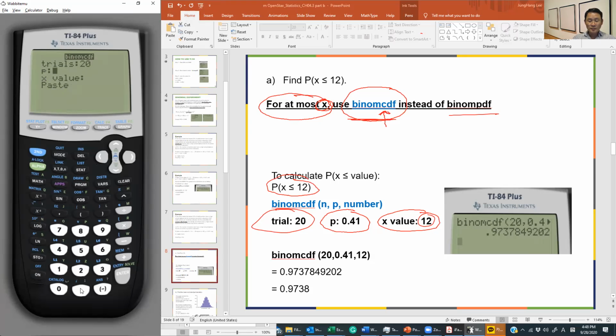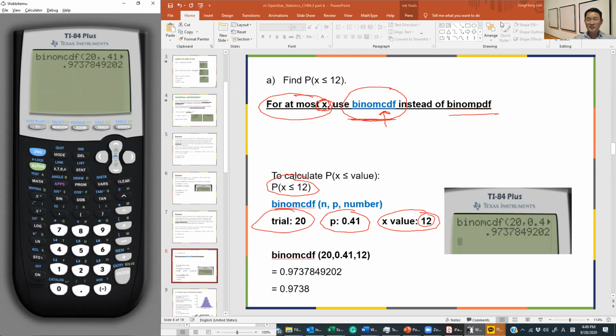Probability, same, 0.41, enter. The X value is also the same, but we are not looking for exactly 12 out of 20. We are looking for up to 12 out of 20. So we're going to use binomial CDF. You can see right there, and enter, enter. It says CDF, confirm this variable, and hit enter right there.